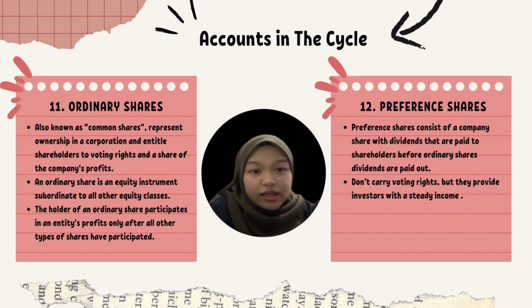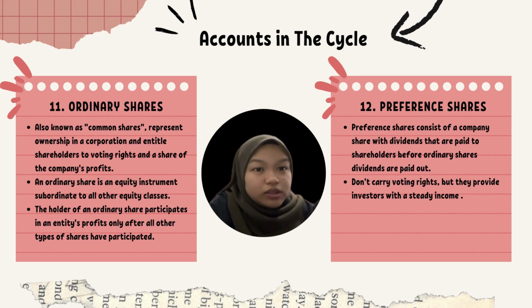It means if there's any money left after paying other shareholders, ordinary shareholders might get some. However, because they are last in line, they are riskier. But they can also go up in value over time and give shareholders a say in how the company is run, which makes them an important part of how companies work.